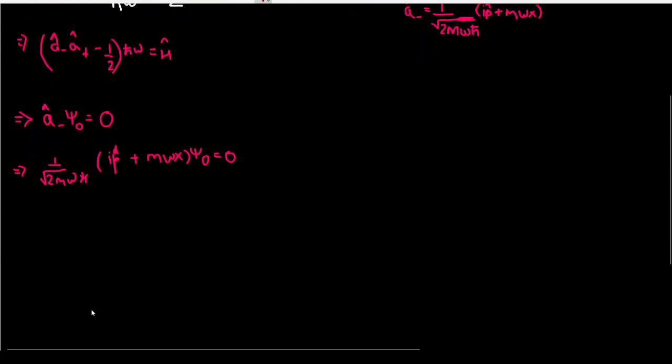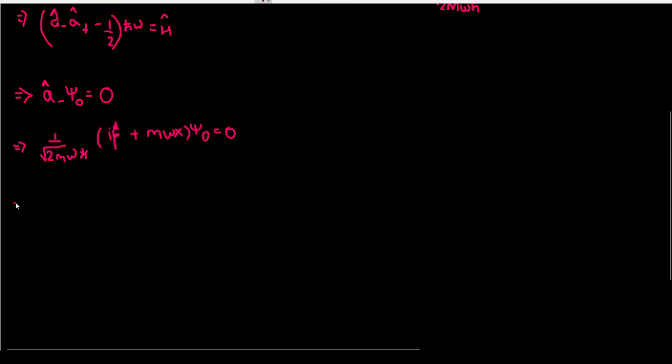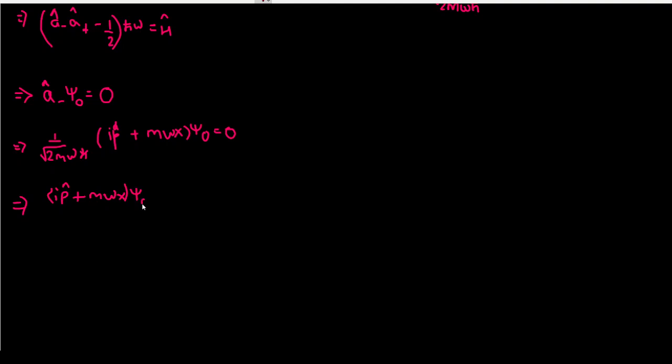We can also simplify this equation: if we take this side to the right-hand side, it becomes 0, and our expression can be written as iota p cap plus m omega x, in brackets, applied to psi naught, equals 0. Now if you remember, in one of my lectures I told you that the momentum operator is equal to negative iota h cut d by dx.